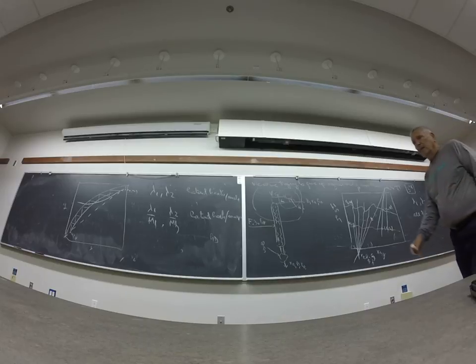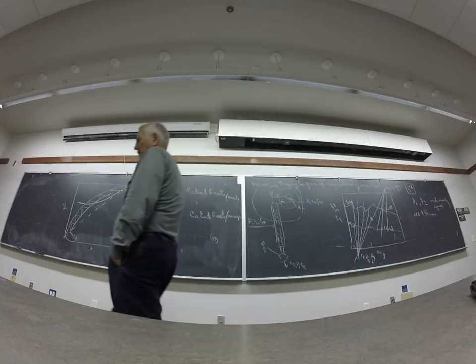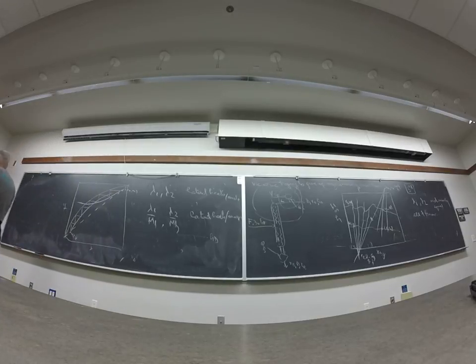I just come in and say 12 grams of carbon is a new unit of mass of carbon. So I'm going to say, why do I have to group things that way? I will introduce molecular weights M1 star and M2 star, and I will choose them so M1 star lambda 1 over M1 equals M2 star lambda 2 over M2.